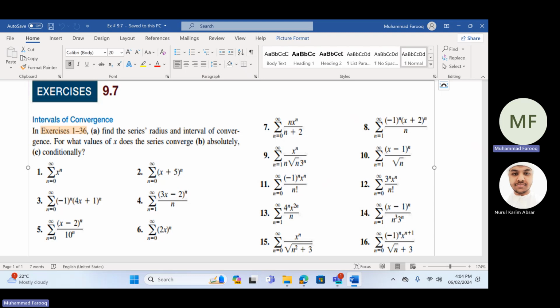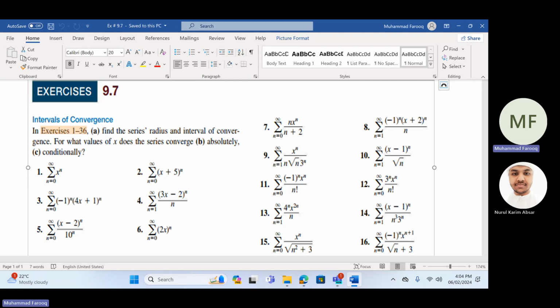Actually, in part A, you need two things: radius of convergence and interval of convergence. Mathematically, we use the notation capital R for radius of convergence and capital I for interval of convergence.